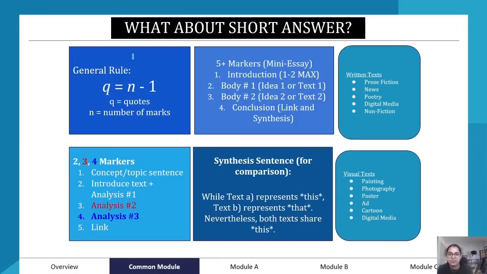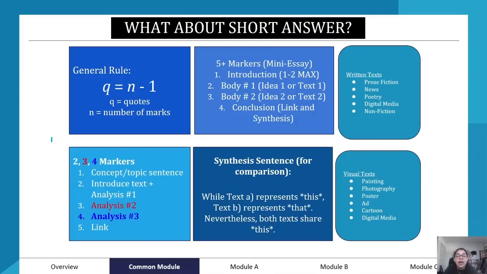Okay, so here is a general rule and a little, I guess, infographic to help you remember the different sort of elements of short answer questions. So firstly, there's a general rule that we like to follow here at TuteSmart, and that is that Q equals N minus 1. So Q here refers to the number of quotes, and N refers to the number of marks minus 1.